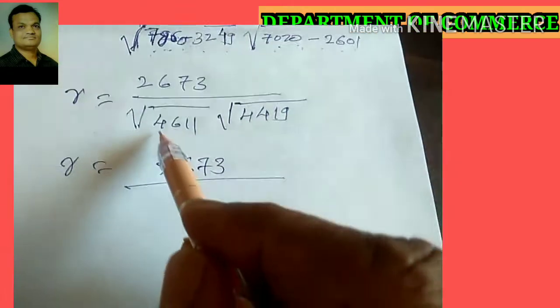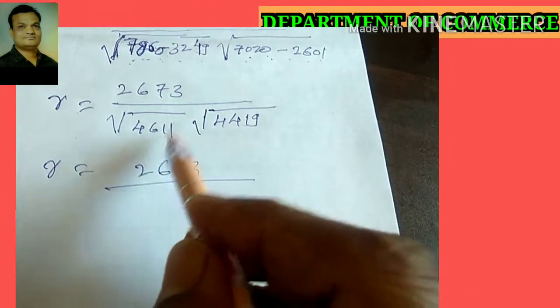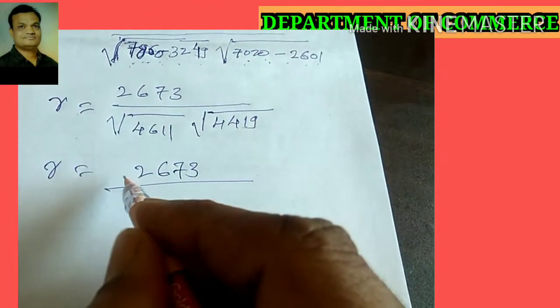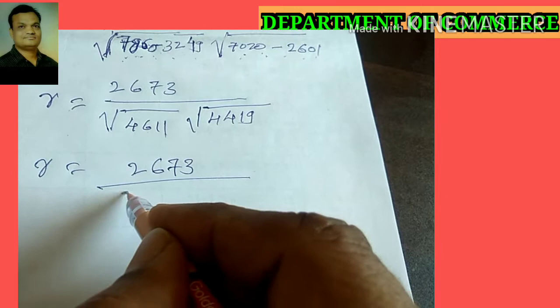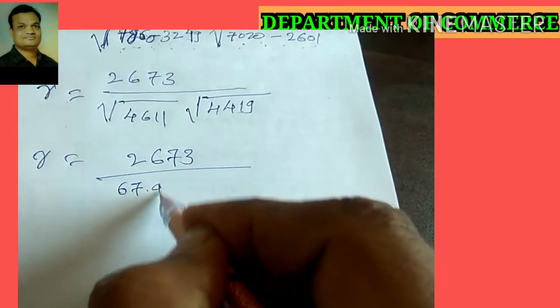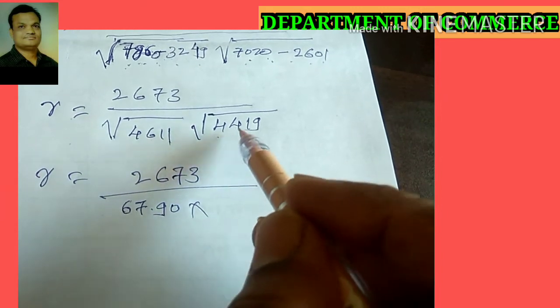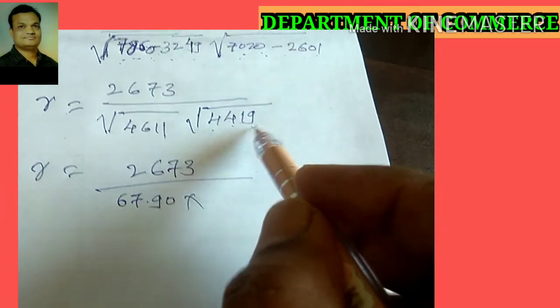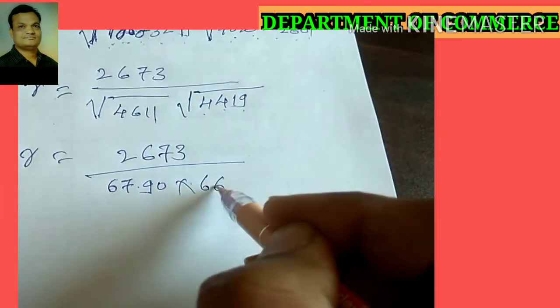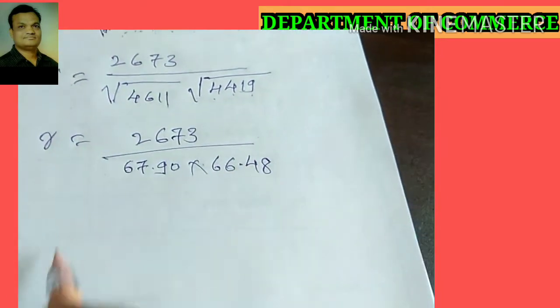The under square root of 4,611 is 67.90, into the under square root of 4,490, which is 66.48.